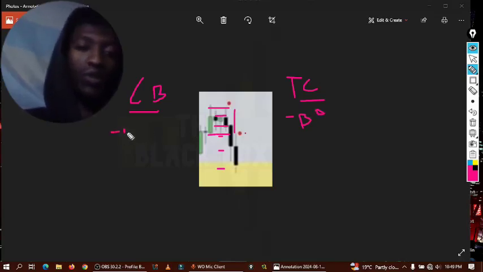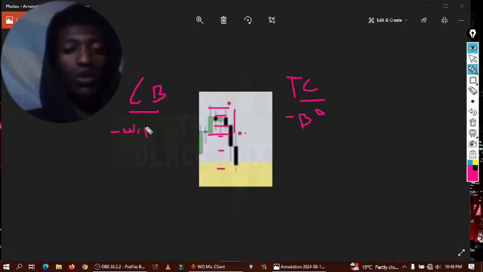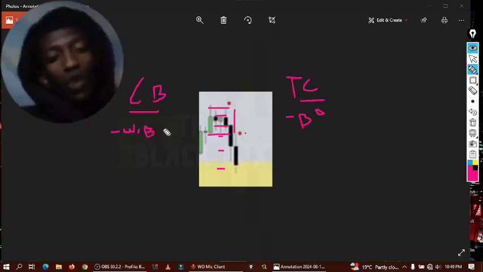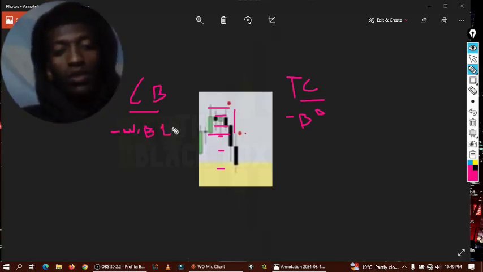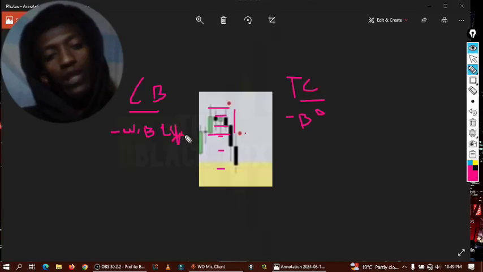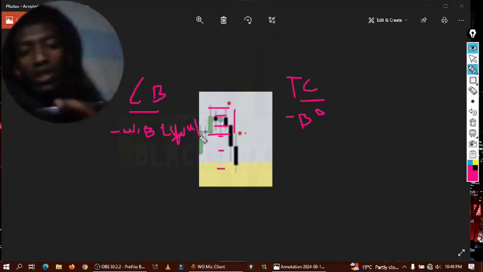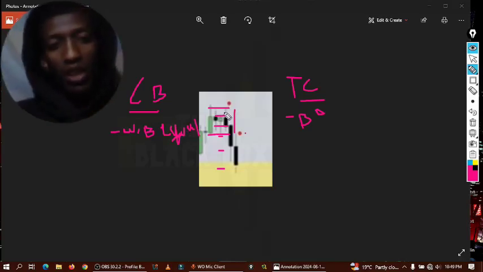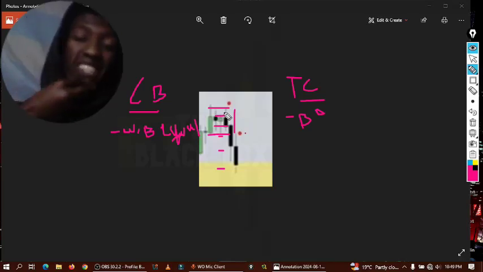This is from the wicks. It can be the wicks, it can be the bodies, as long as they are equal. Sorry for my scribbling, it is not readable at all. As long as they are equal, we can use that as a fib extension.